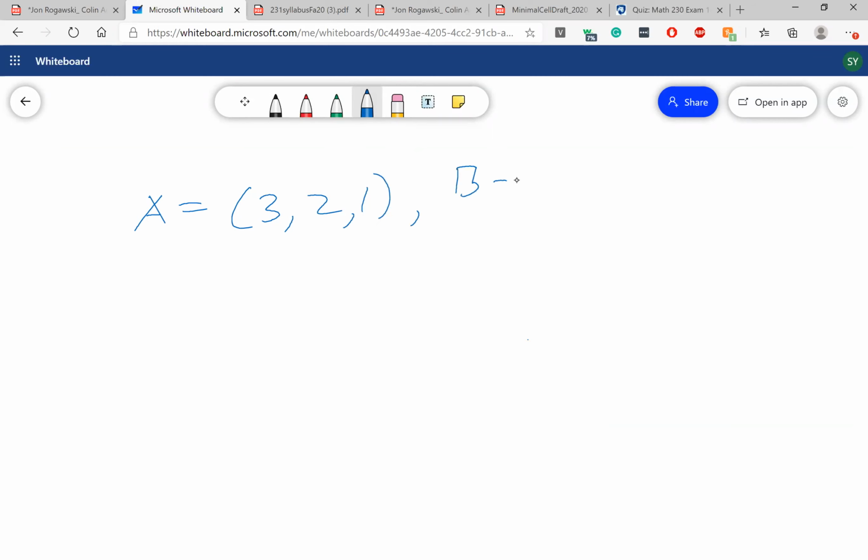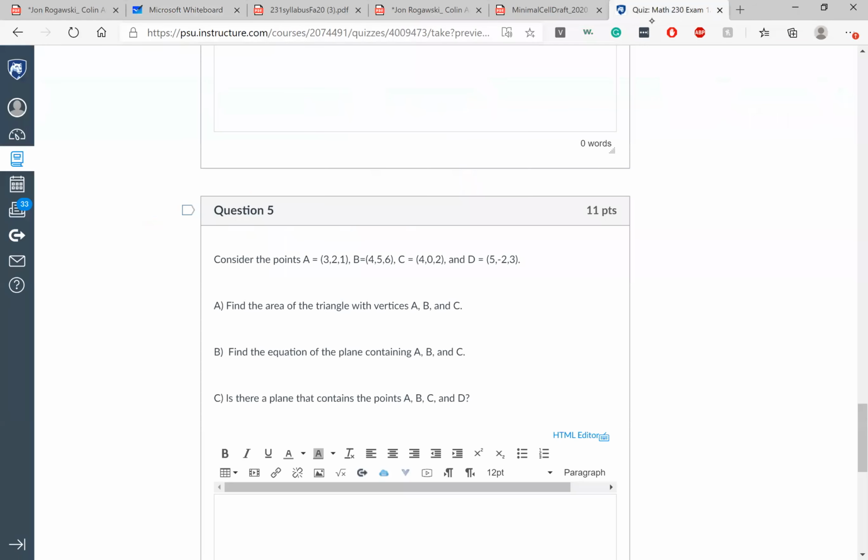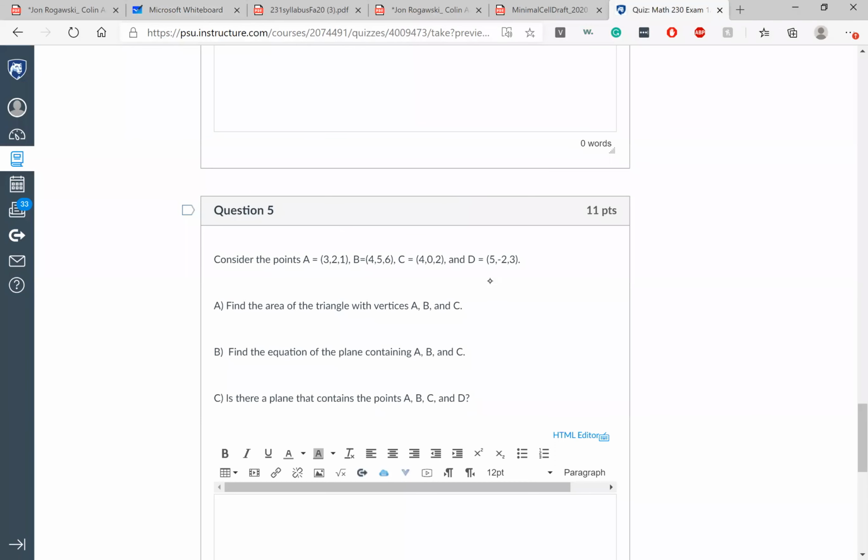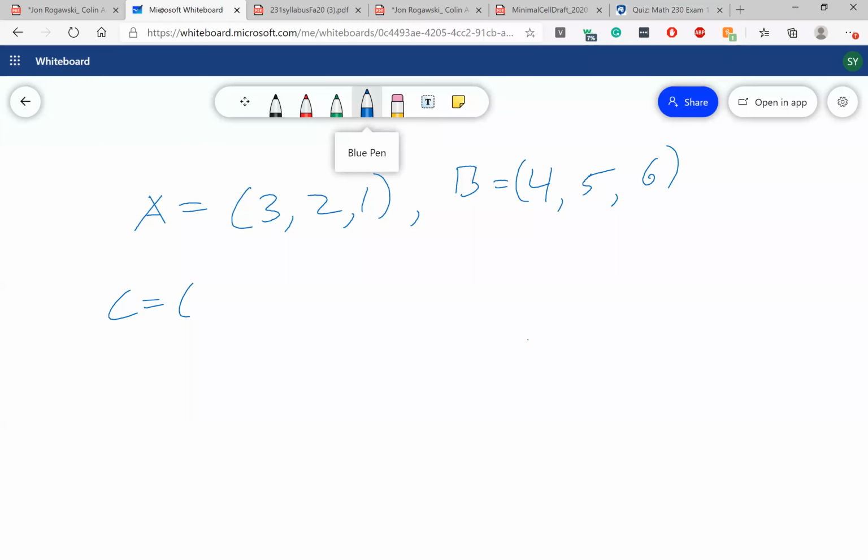The point B is equal to 4, 5, 6. The point C is equal to 4, 0, and 2.